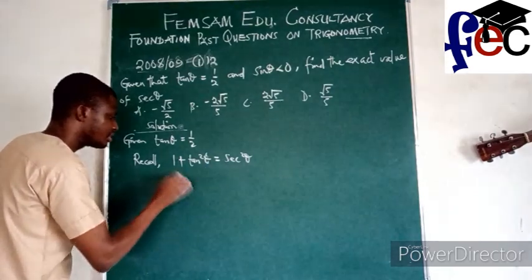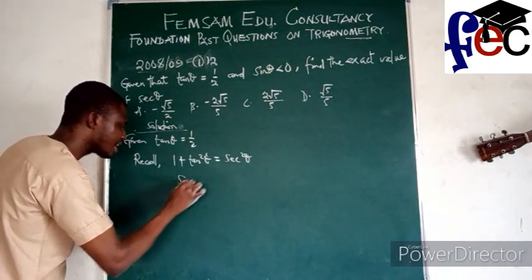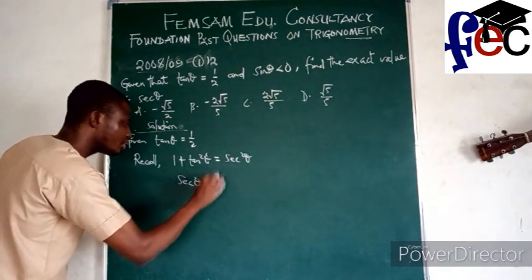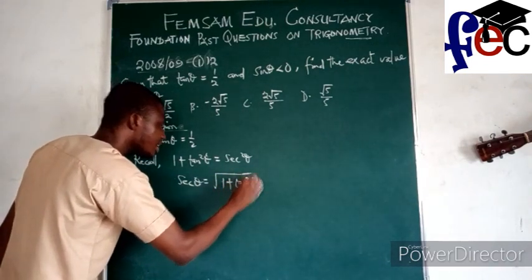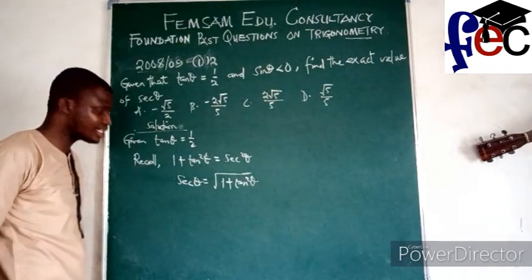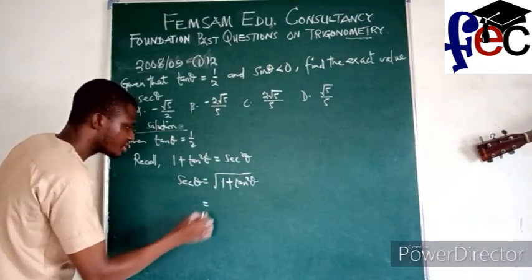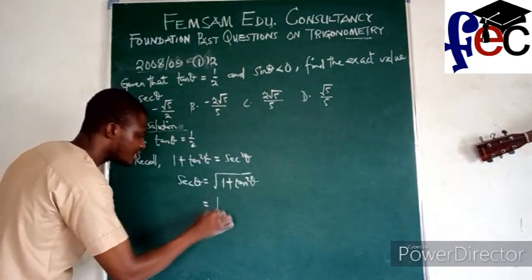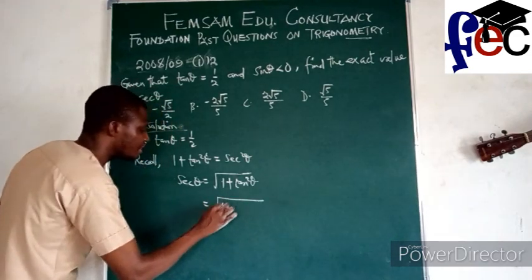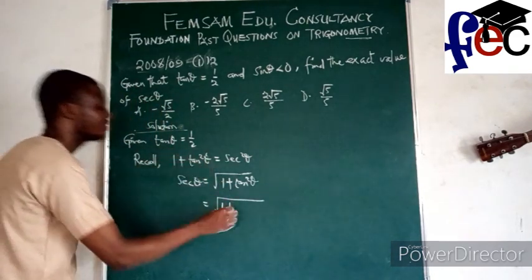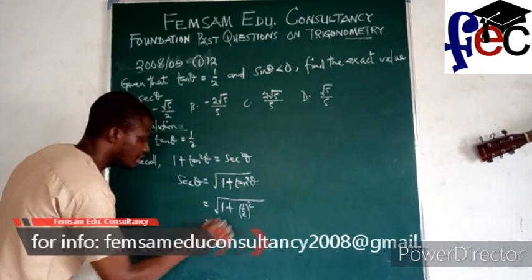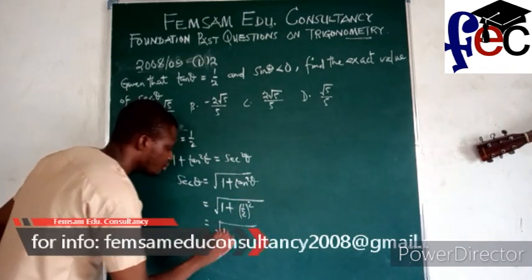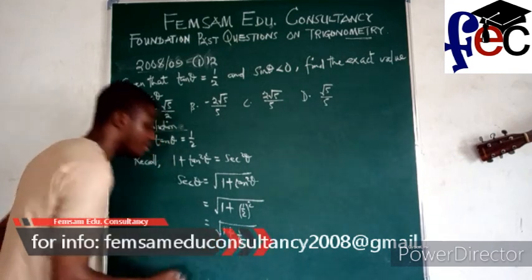So now, it means that sec theta is going to be equal to square root of 1 plus tan square theta. Are you getting that? So I can now put my value of tan theta here, which is 1 over 2 all squared, and that's going to be square root of 1 plus 1 over 4.